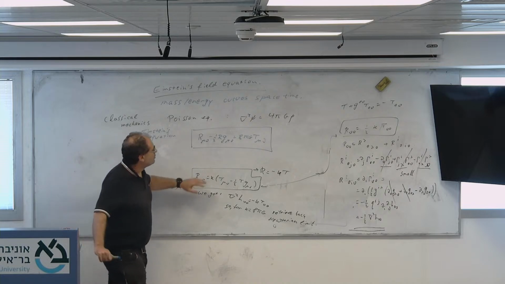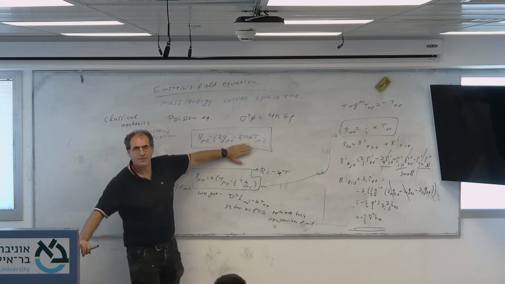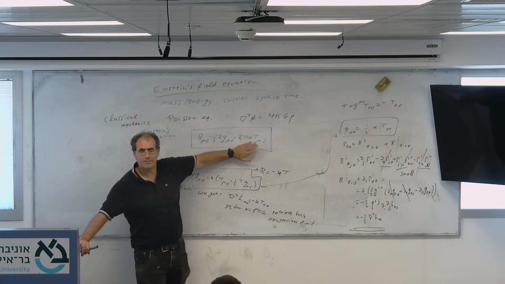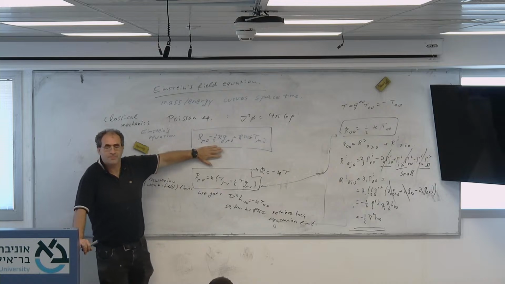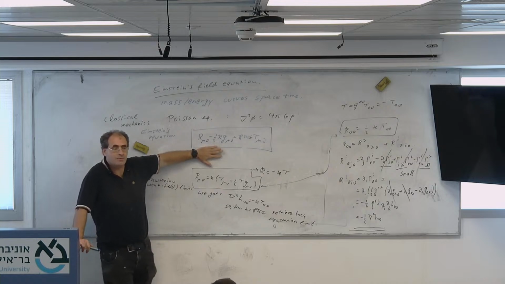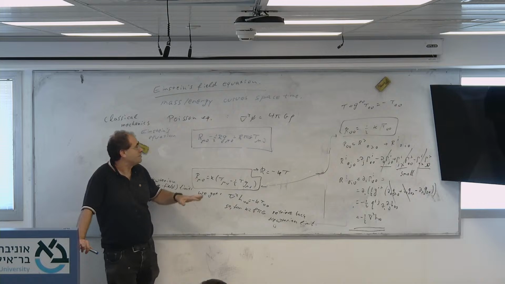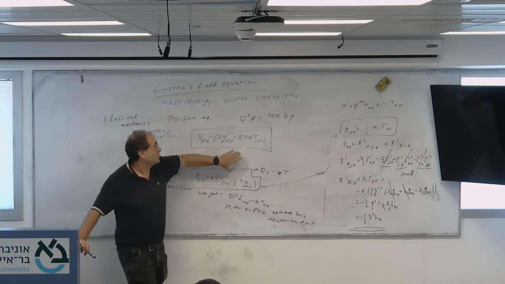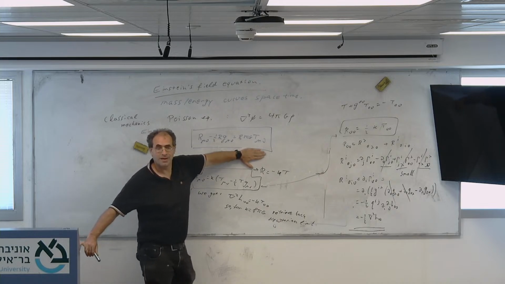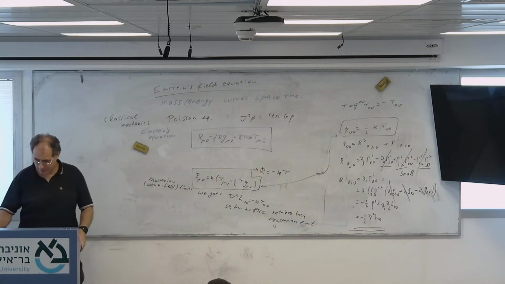The right-hand side is what? The matter. It tells us what is the matter content of the universe. The left-hand side is geometry. Einstein managed to connect two things which seem to be completely disconnected. One is the geometry of space-time, and one is the mass content of the universe. Not necessarily of the universe, right?